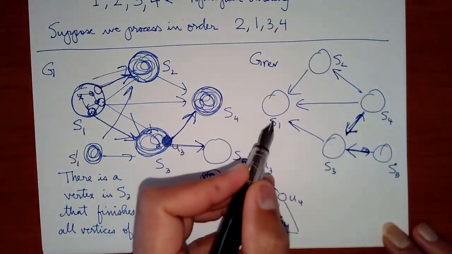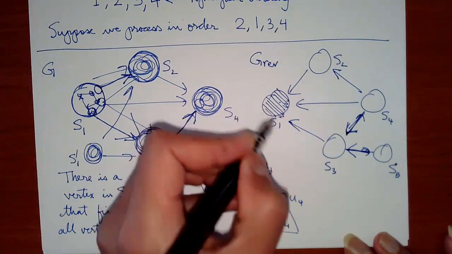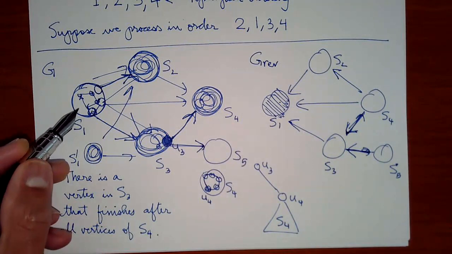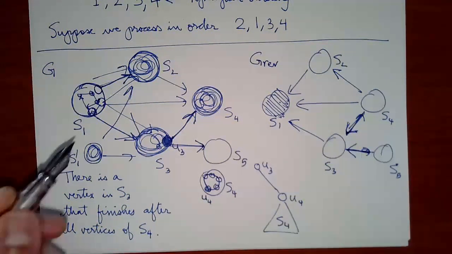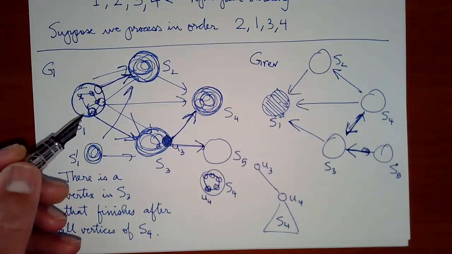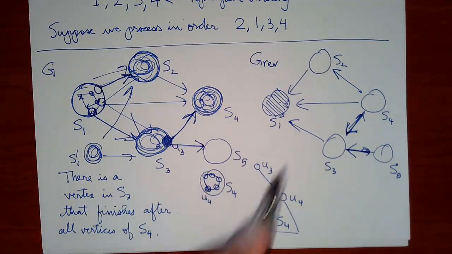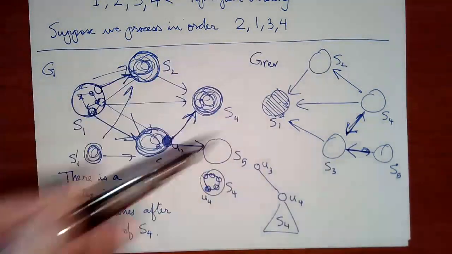Now note that when you start at S1, you're going to visit all of S1, and that is going to come out as a strongly connected component. Because we know that the very last vertex to finish is in S1. Now, if you remove all the vertices in S1, the very last vertex to finish, other than those in S1, is going to be in either S2 or S3, and then you can repeat this argument.